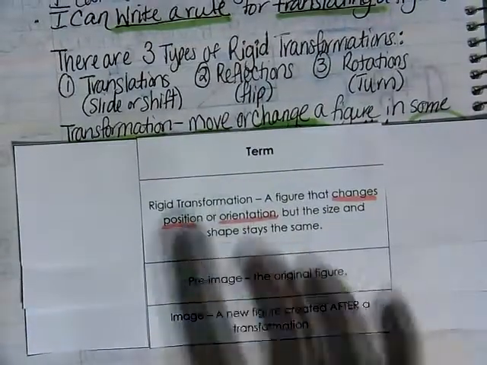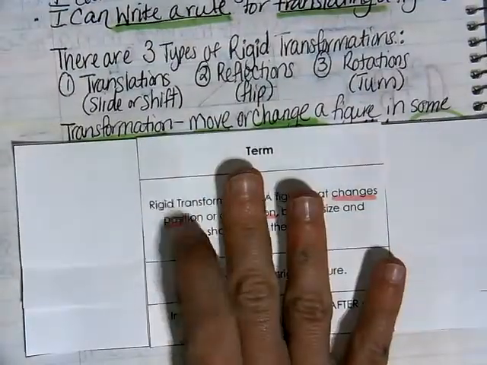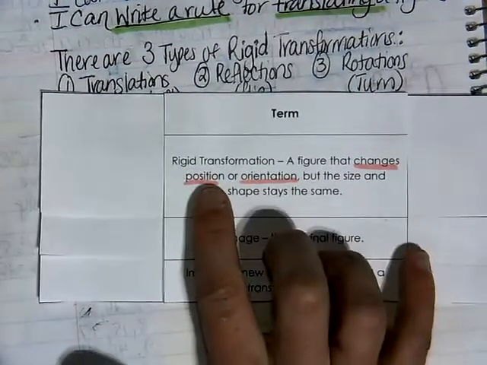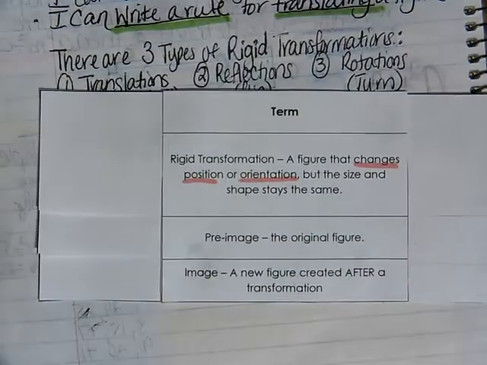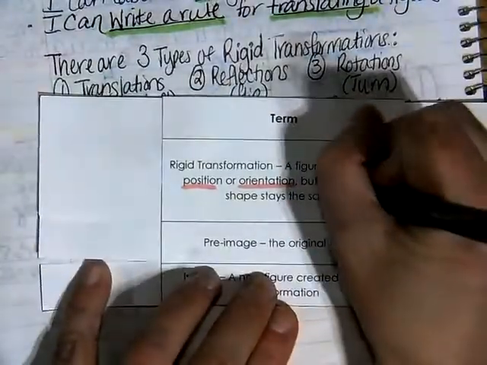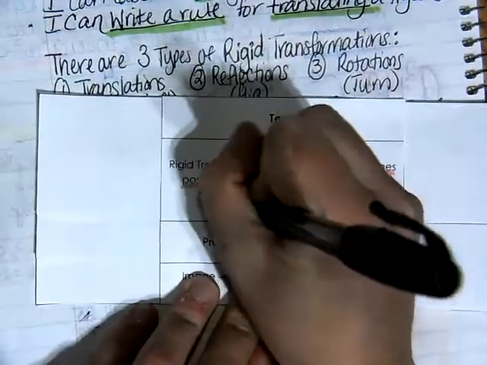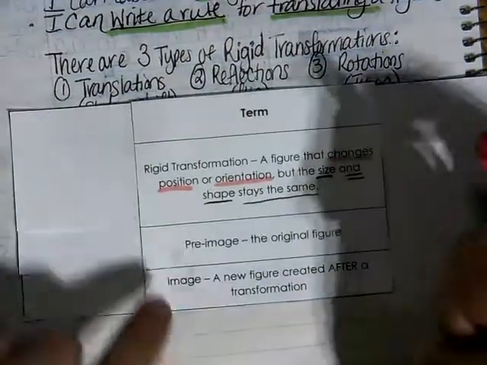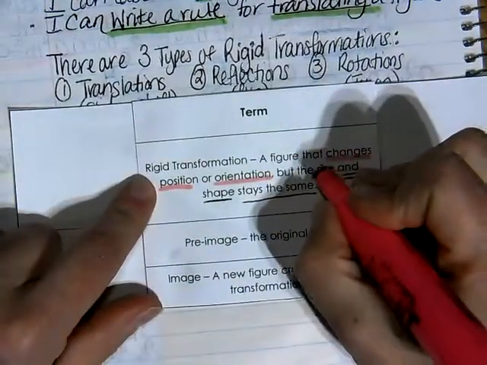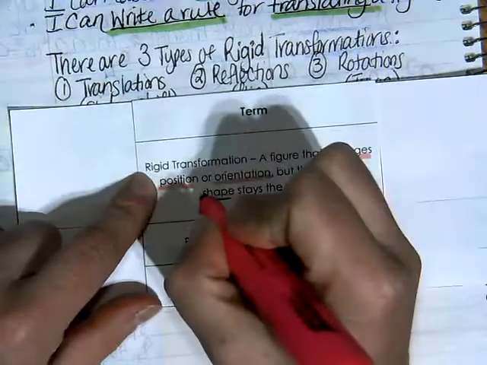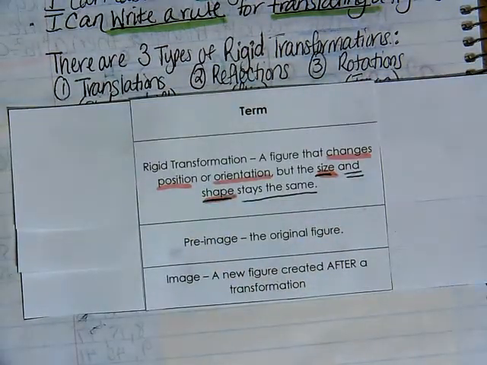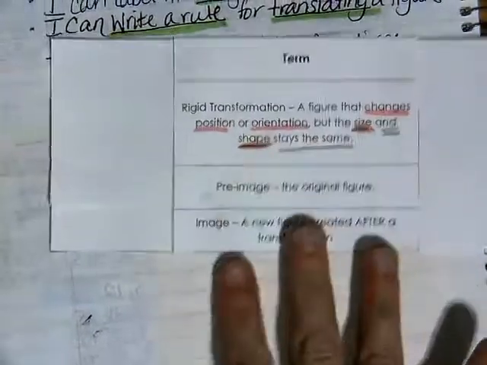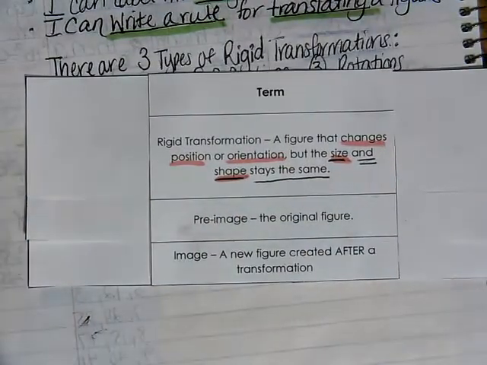That is orientation, versus position, where it's just shifting. So it changes position or orientation, but the size and the shape stay the same. That is something I need you to know. Rigid transformations are just where you're taking the same shape, keeping the size the same. Everything stays the same. It's just where it's located that is going to be different.